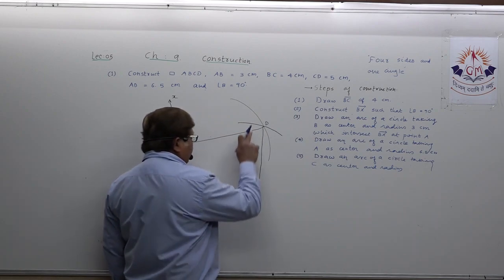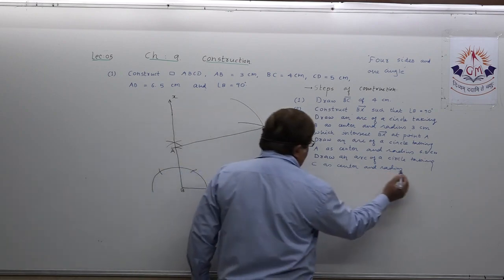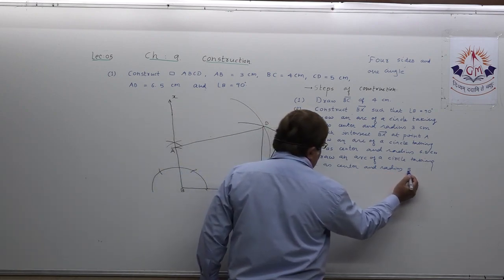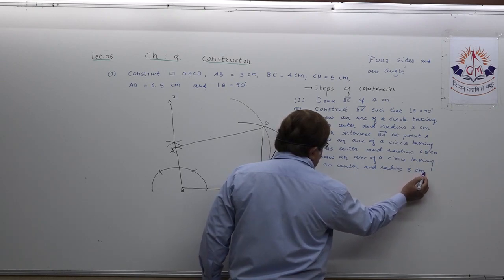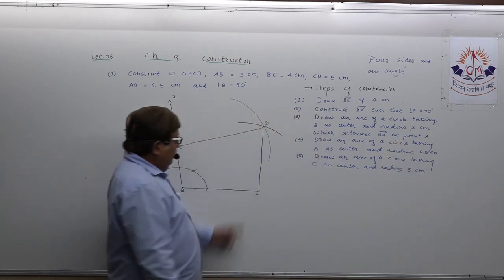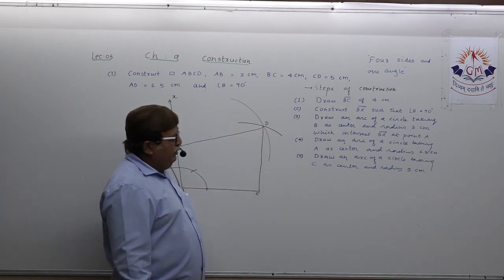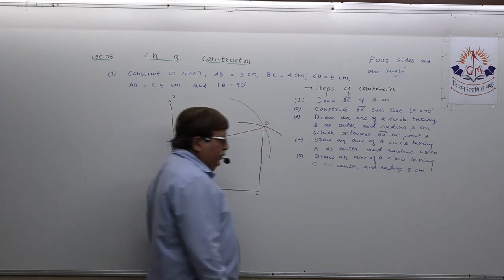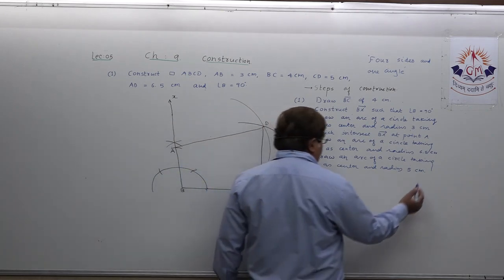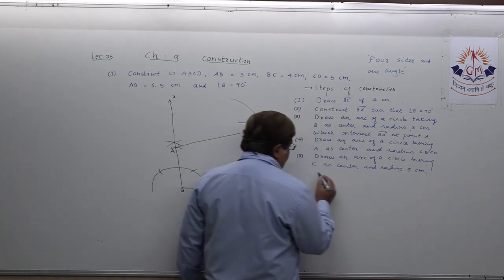How much radius have we taken? Radius 5 centimeter. It is intersecting the previous arc at which point? At point D.